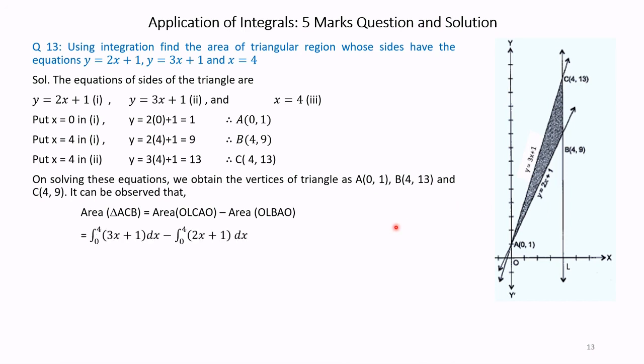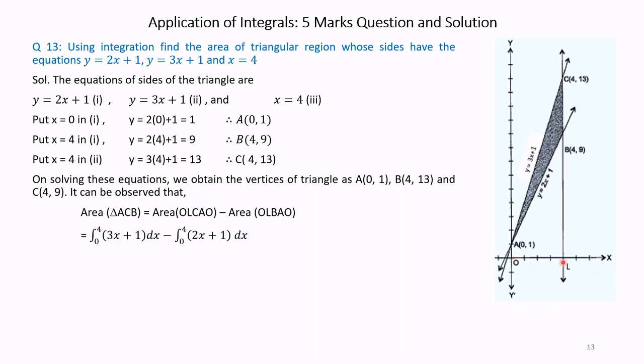We will calculate it. So the first is, we take 3x plus 1. So OLCAO is the integral from 0 to 4 of (3x plus 1), that is the equation of this line, dx, minus the integral from 0 to 4.